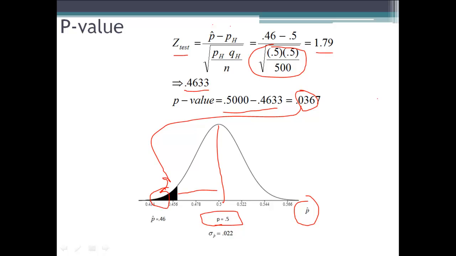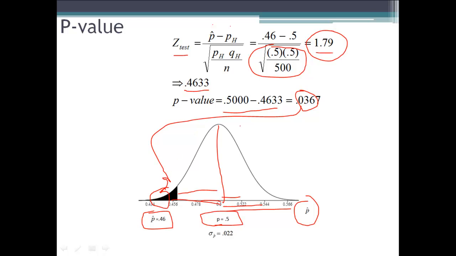I don't know that it's worth calculating all of the time, but at least in terms of showing you a little bit about what we have here, there's one standard error, see 0.5 to 0.52, 2, and 3. 1, 2. You can see we're not quite 2 standard errors below. In fact, we are 1.79 standard errors below. And then here is the specific value of the statistic that we have in this case, the 0.46.